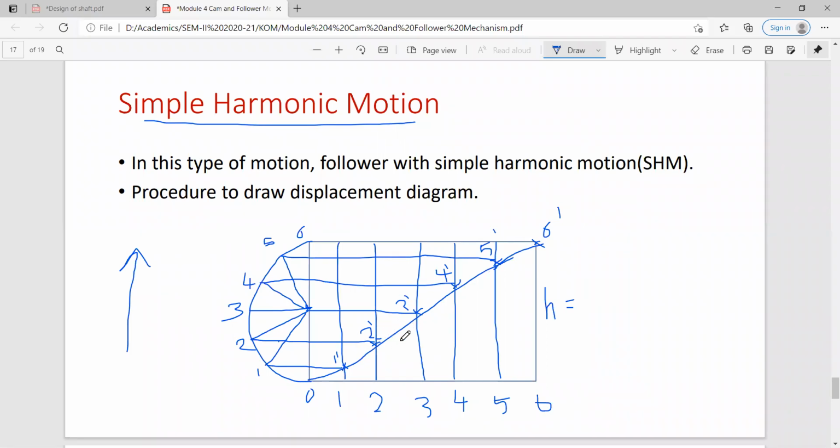Remember that all these points will not be in a line, so you have to join them with the help of a curve. Okay, and it is your displacement diagram for simple harmonic motion. Are you getting the procedure?